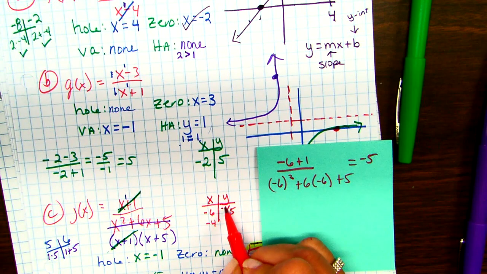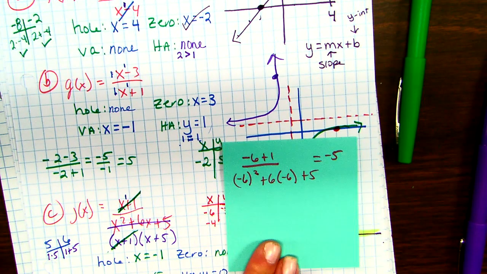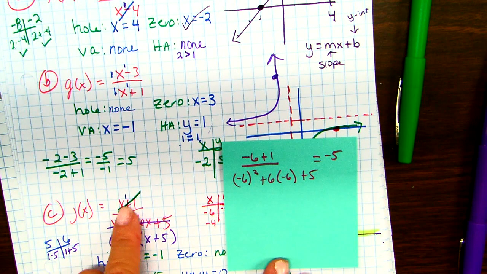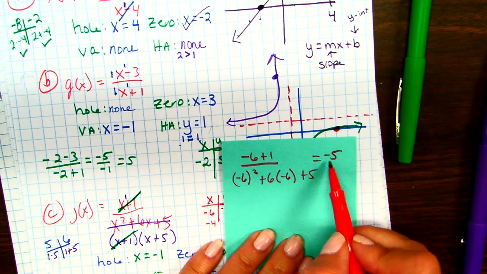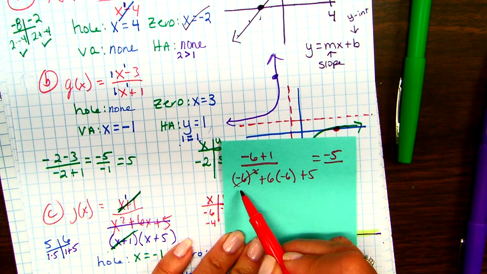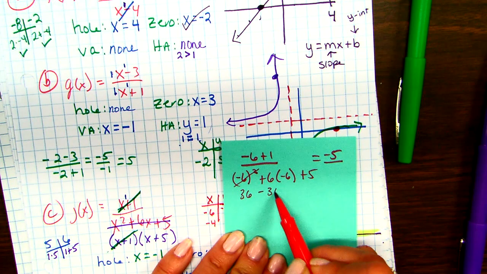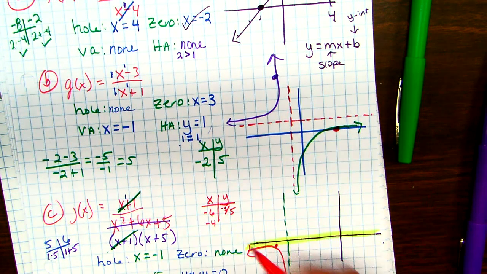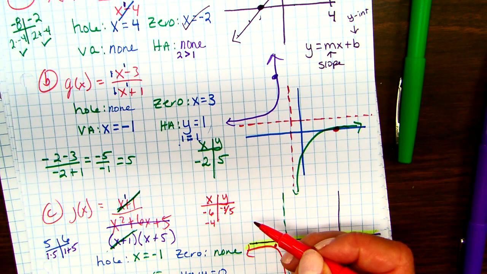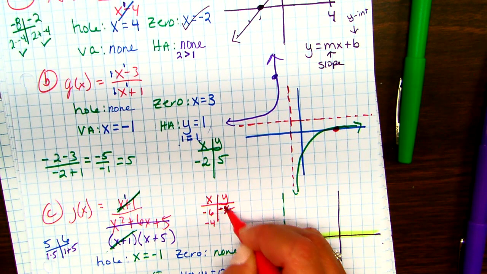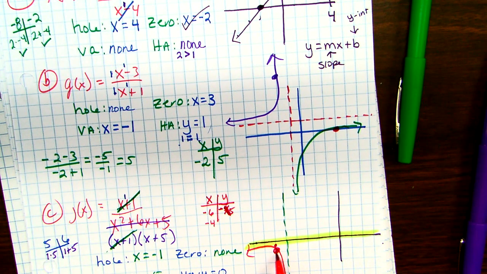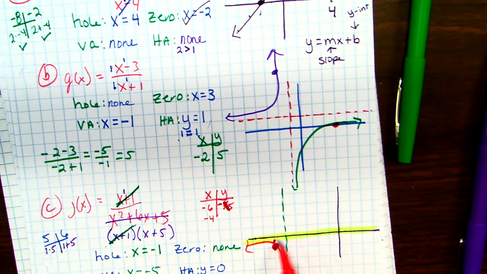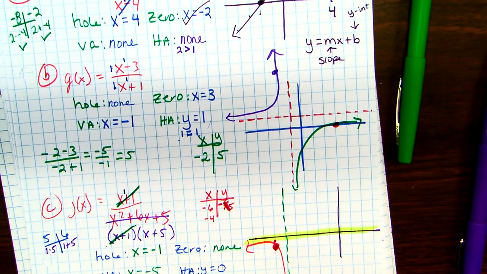Sorry, that's a -5. -6 plus 1 is -5. And then on the bottom, that's 36 minus 36 plus 5, which is 5. We actually get -1. Yeah, sorry. Thank you for catching that. So let's just put it right there. Okay, so left 6, down 1.